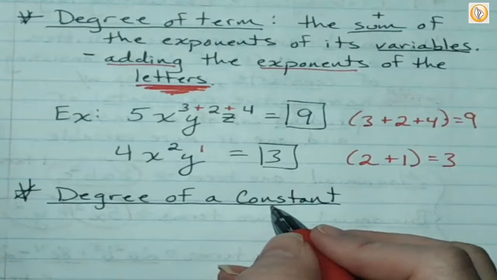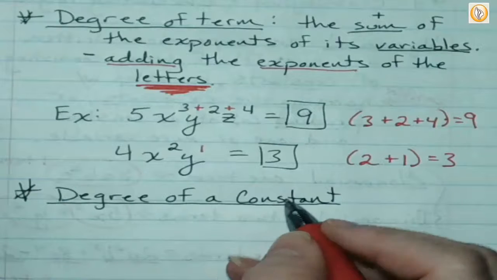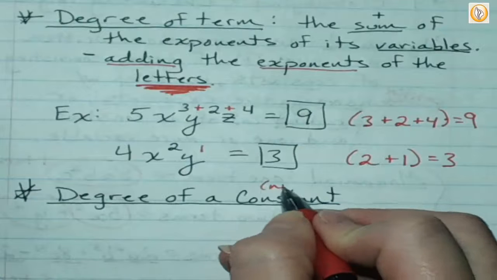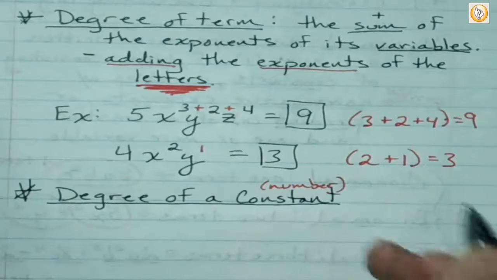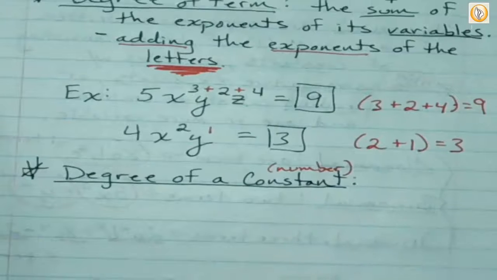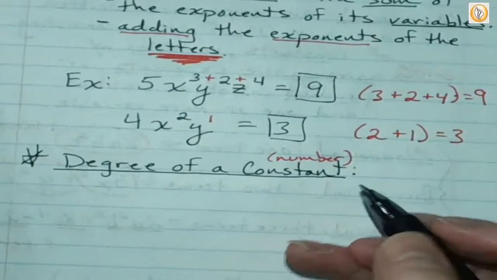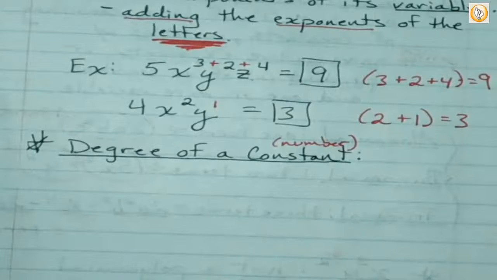What's a variable? A number. Yeah, this is a number. Why don't they just say number? I don't know. That's why I'm putting that on there, because some teachers would just say, what do you mean you don't know that that's a number?